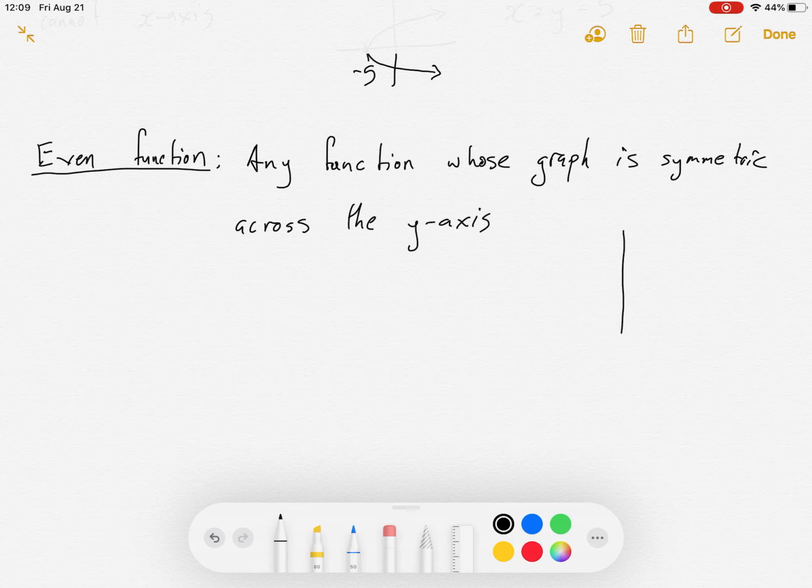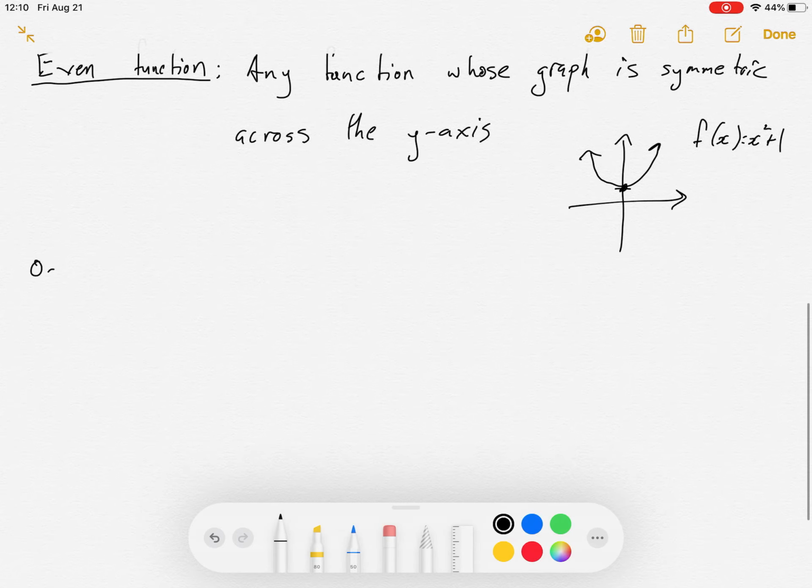So for example, that parabola we just created would be an example of an even function, because it's symmetric across the y-axis.